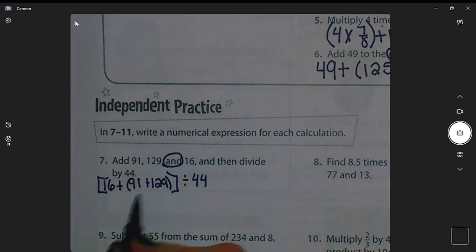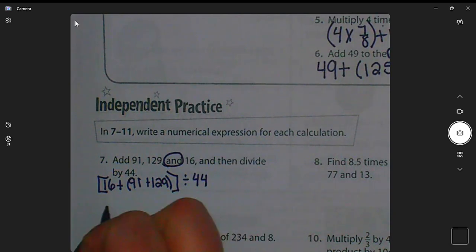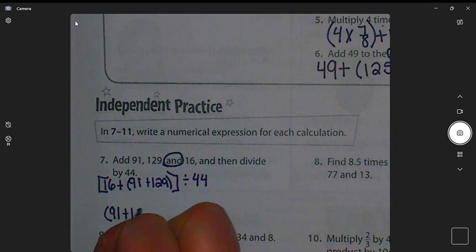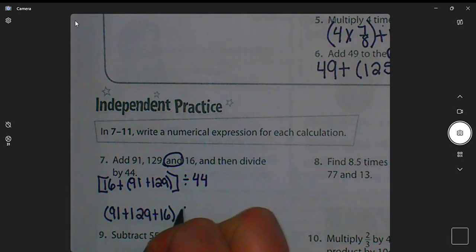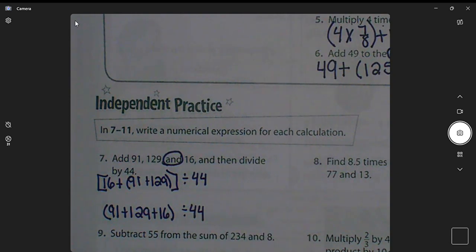And you still have to do this step first, so the answer will still be correct. Your quotient will still be right. Another way students did it today was 91 plus 129 plus 16 divided by 44. And either way is correct, because either way you still have to add all 3 numbers first before you can divide it.